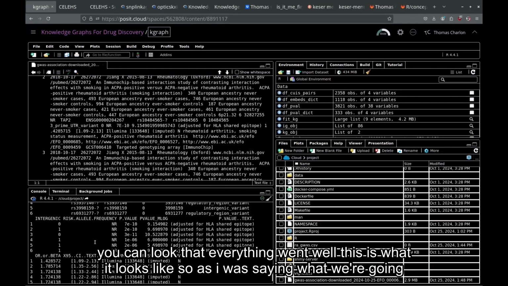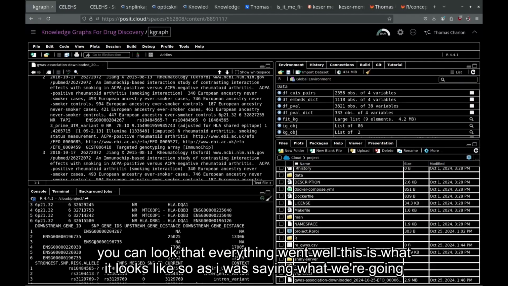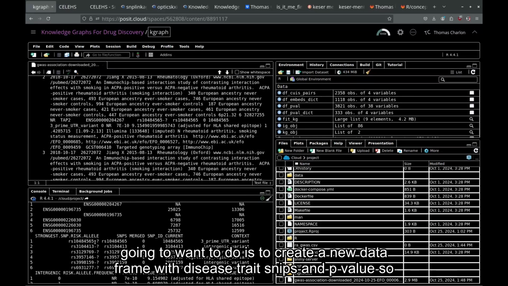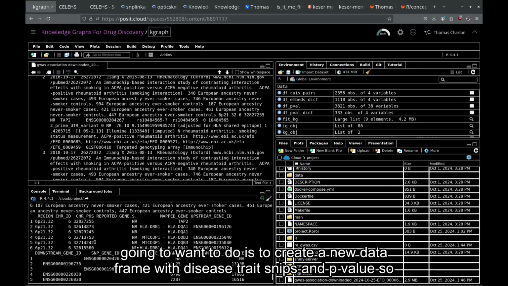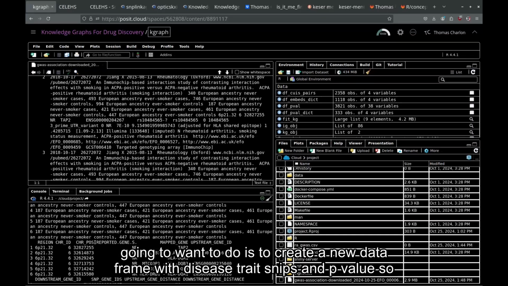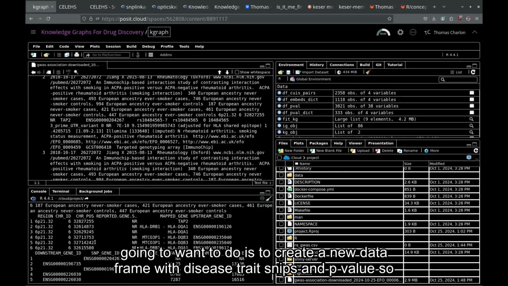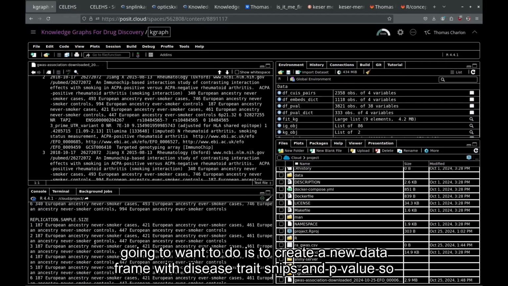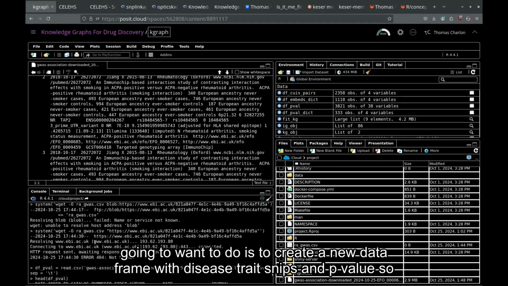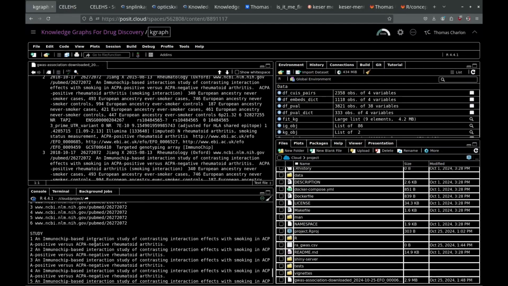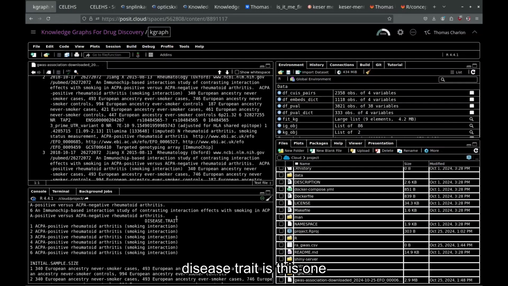This is what it looks like. So as I was saying, what we're going to want to do is create a new data frame with disease trait, SNPs, and p-value. Disease trait is this one.